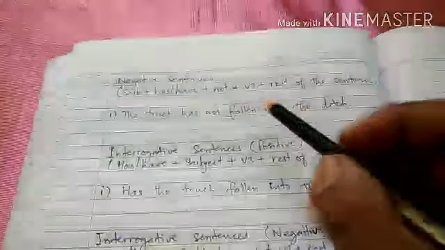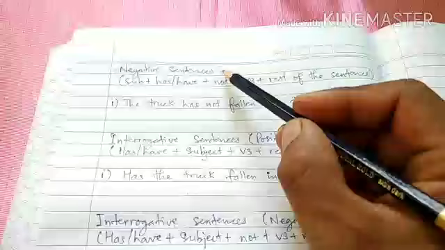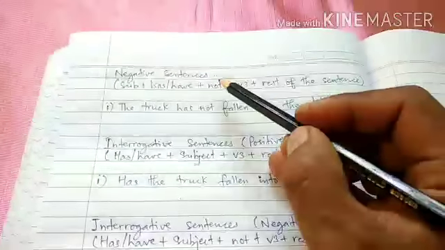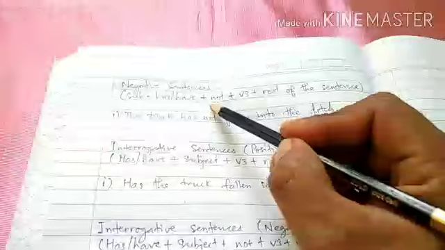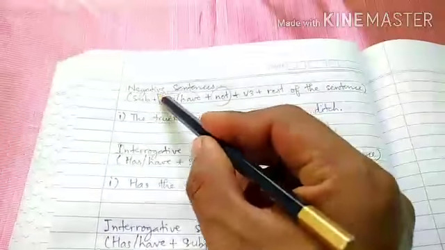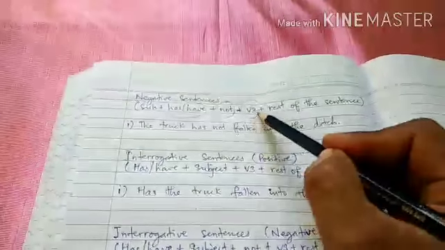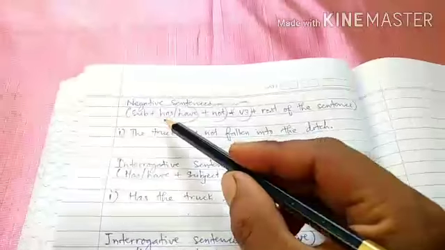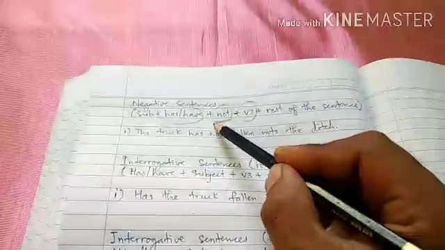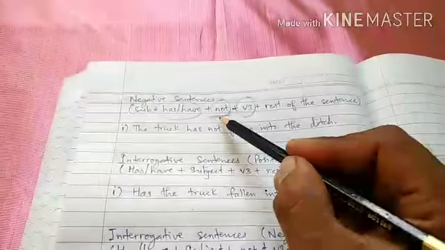Now let us see the structure of negative sentences. Negative sentences means sentences having no or not. So here we will put not between the helping verb and the main verb. What are the helping verbs here? We have used has and have as the helping verbs, and main verb V3. So V3 और has और have के बीच में हम not लगाएंगे तो वो sentence negative sentence हो जाएगा present perfect tense में.